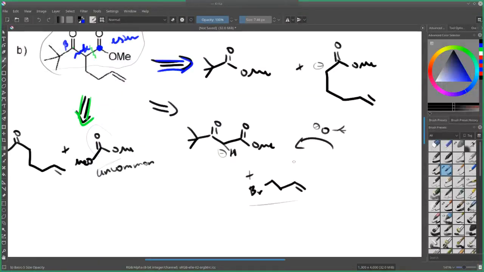Yeah, it would probably be a totally fair base to use in this case. It's a little bit overkill to be practical. Sodium hydride is very strong, so I think it would work fine.